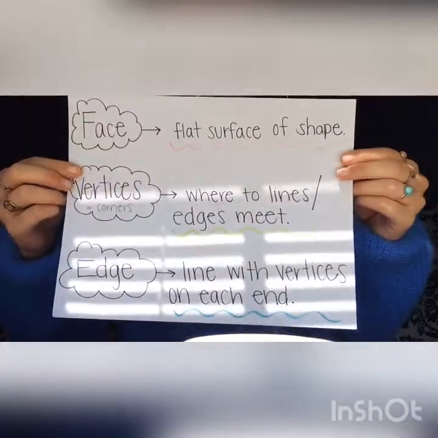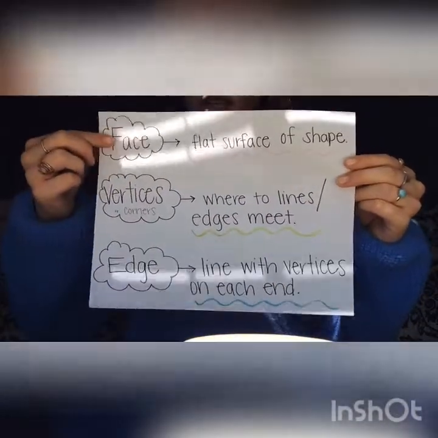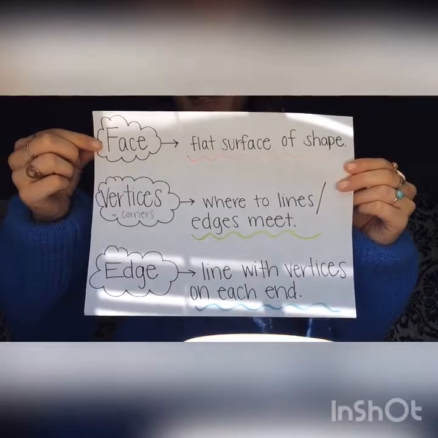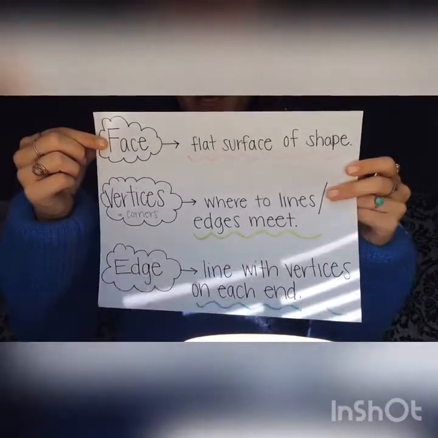We're gonna talk about what is a face, what is a vertice, and what is an edge. So I've got a little chart for us here. And if you look at the top, we have a face. So a face of a shape is a flat surface.